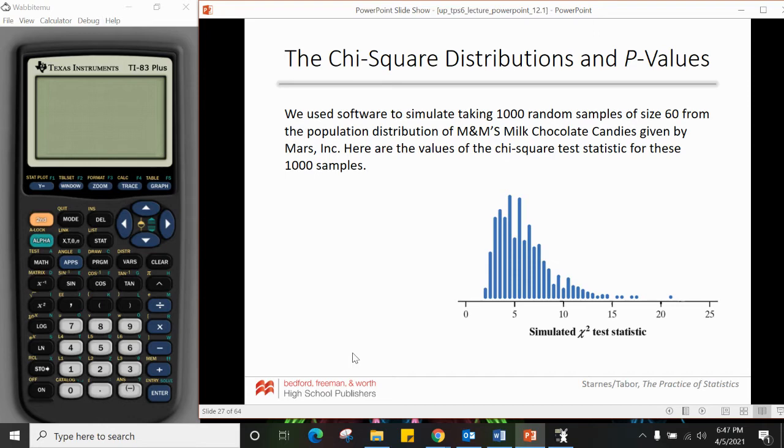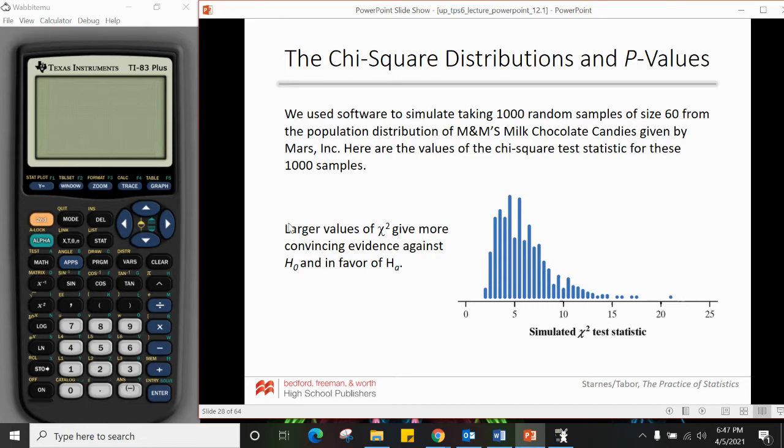Now, a sampling distribution is every possible sample of 60 M&Ms. Here, we're just saying we're going to take a really large number in our simulation, and we're going to take 1,000 of them. And this is the result of it.